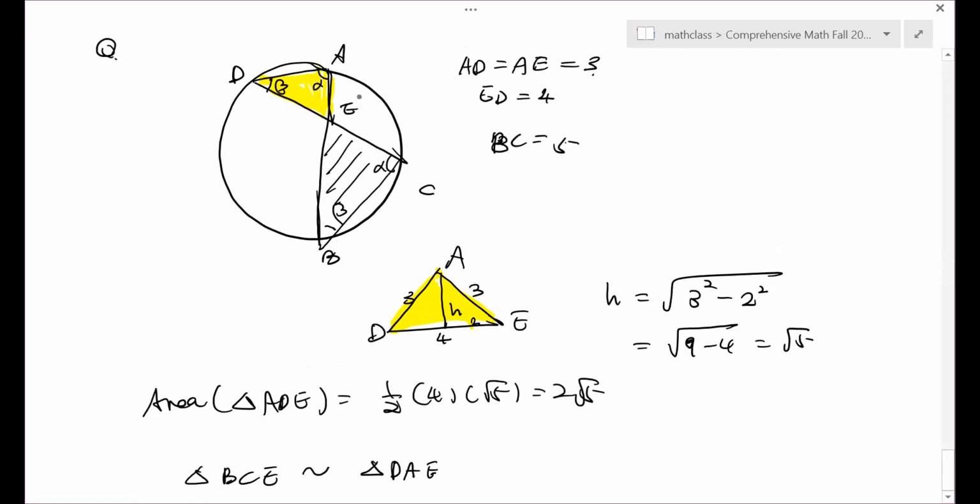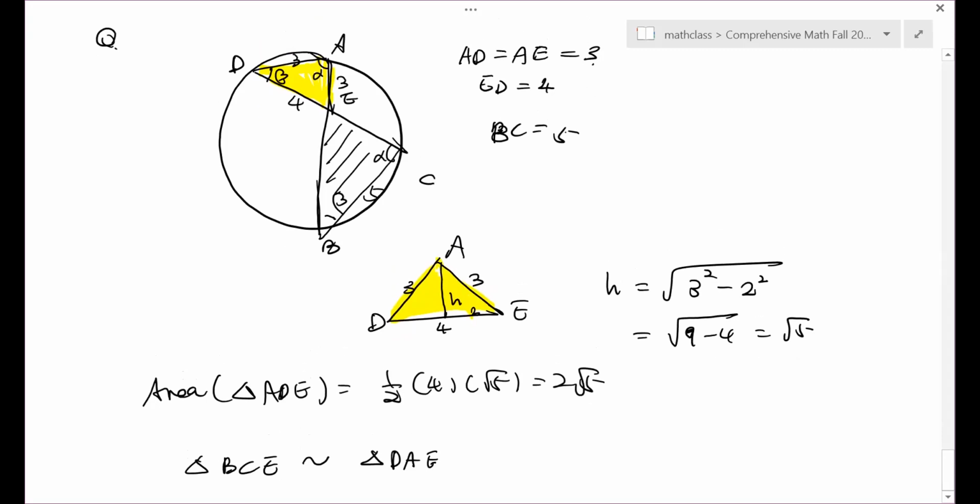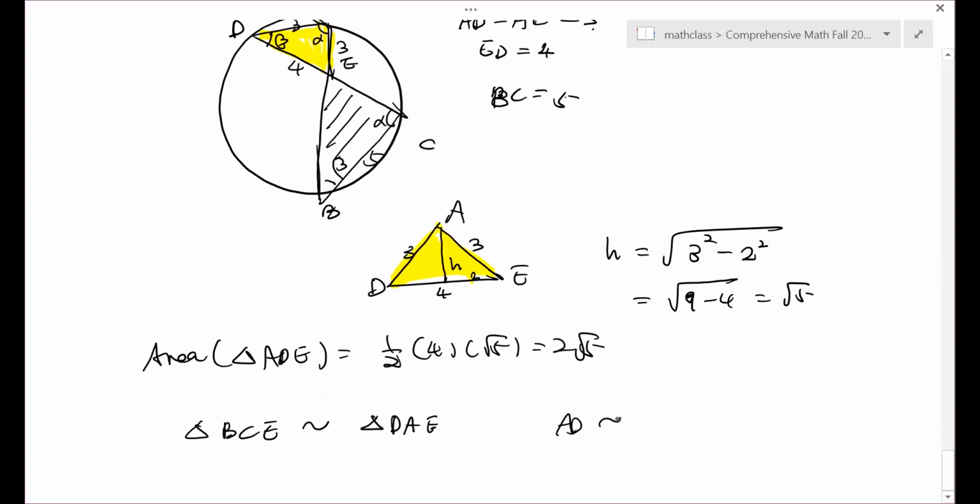AE is going to be 3, ED is going to be 4, BC is going to be 5, right? So AD is going to be 3. So AD corresponds to CB, okay?